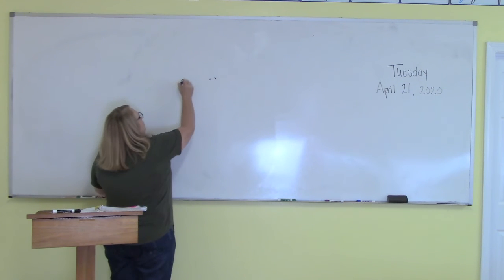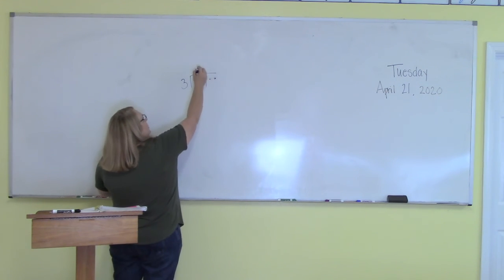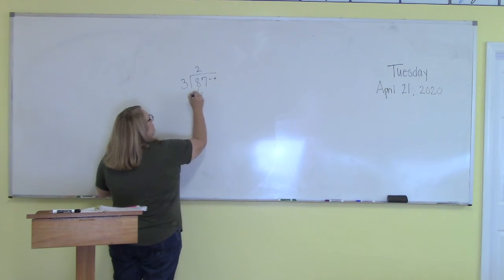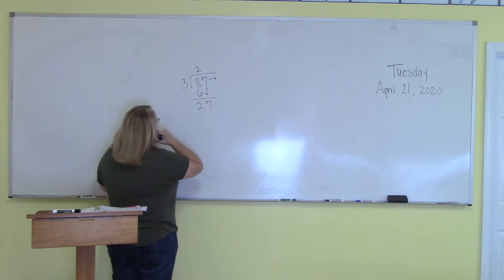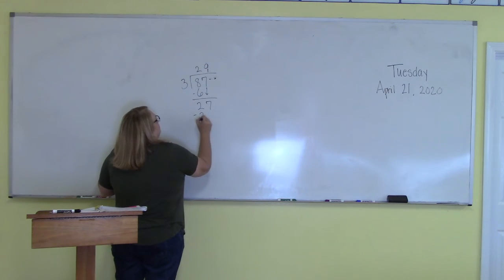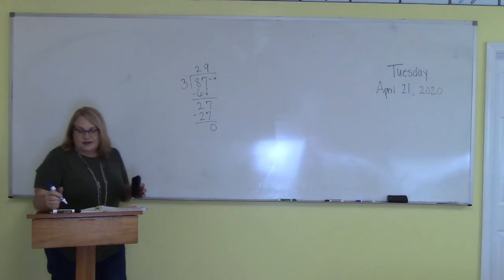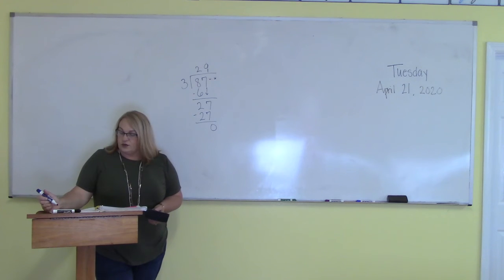Remember that you are dividing 3 into 87. 3 can go into 8 how many times? 2. 2 times 3 is 6. 8 minus 6 is 2. Bring down your 7. 27 divided by 3 is 9. So your answer would be 29. 87 hours is 29 times as long as 3 hours.